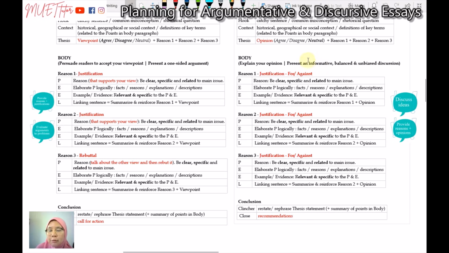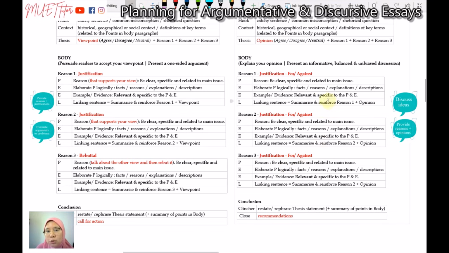In discursive, if you want to remain neutral, I recommend that the 3 reasons are justifications, because when you're neutral, you're not taking sides and you agree to both proposing and opposing views. So 2 of the body paragraphs justify one side of the story, and the other 1 paragraph, the 3rd paragraph, justifies the other side of the story.